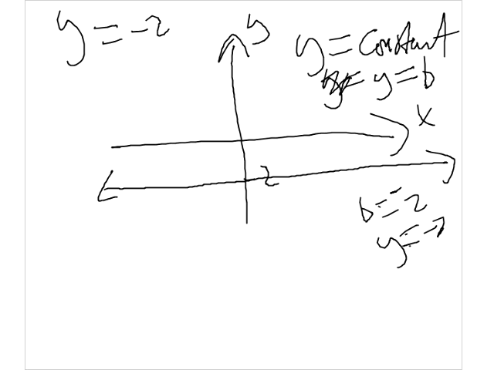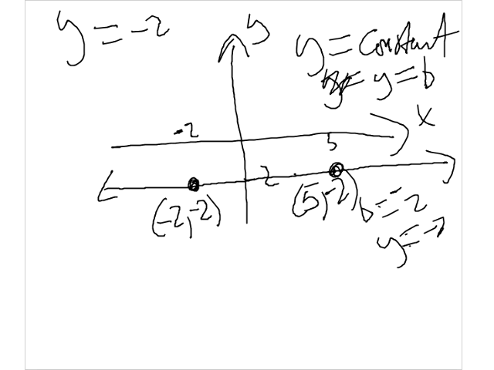Now, let's show another way of showing y equals negative 2. Here would be the point roughly negative 2 for y and negative 2 for x. Okay, here's another point. The name of this point would be perhaps x is equal to 5 and y equals negative 2.